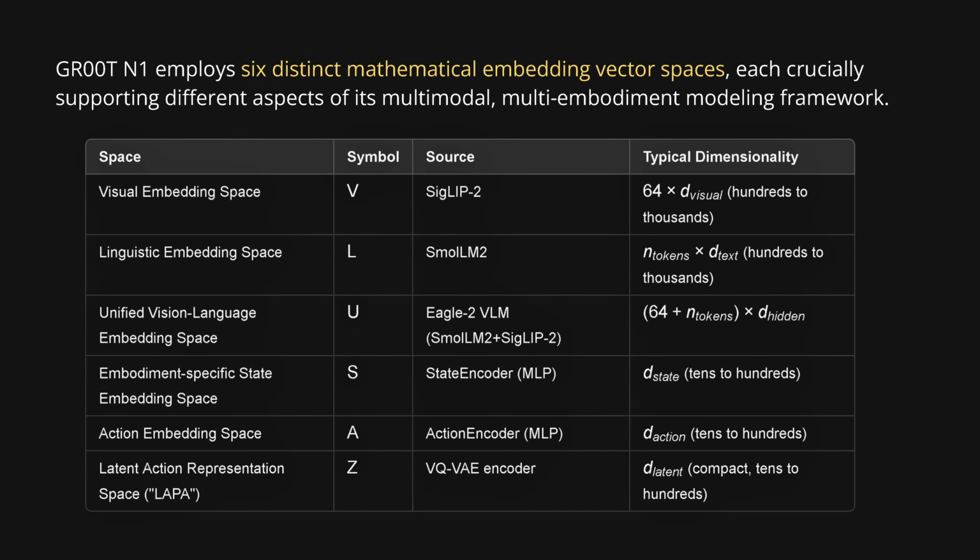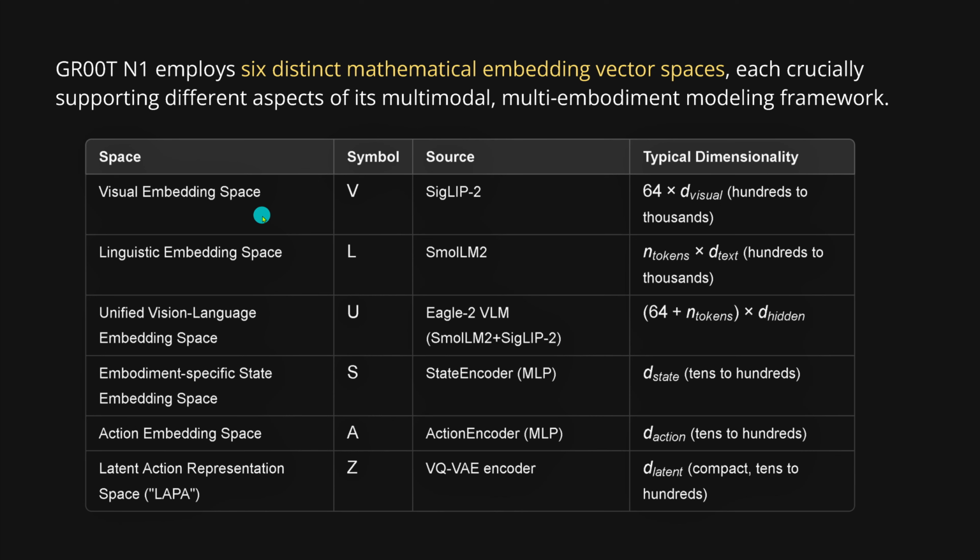Coming back now to this video, you understand we have 6 different distinct mathematical spaces, embedding vector spaces. So we are absolutely 100% in vector algebra. Isn't this beautiful? Couldn't be simpler.